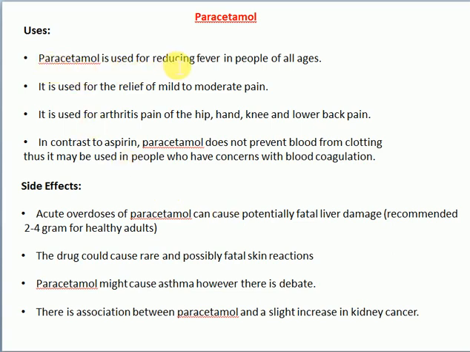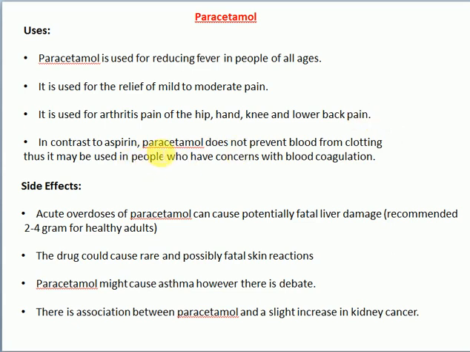Analgesics means those which are used to reduce pain. So paracetamol is used both for reducing pain and for reducing fever. It is also used for arthritis pain of the hip, hand, knee and lower back pain.